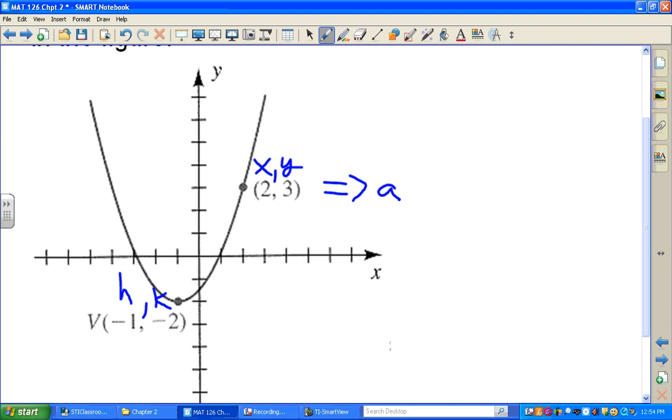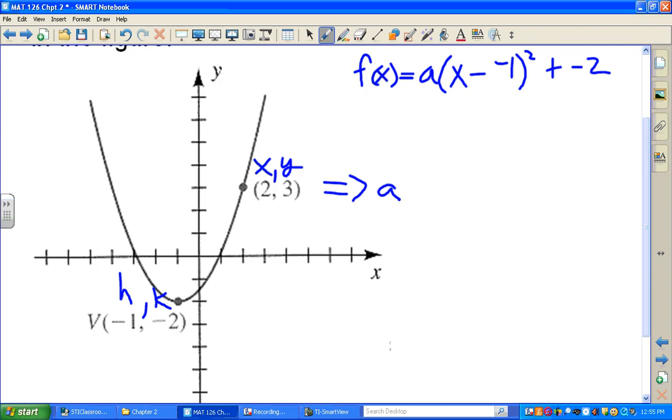Positive. That's what we're going to do. The equation is f of x equals A times (x minus negative 1) squared plus negative 2. You get that from the vertex.